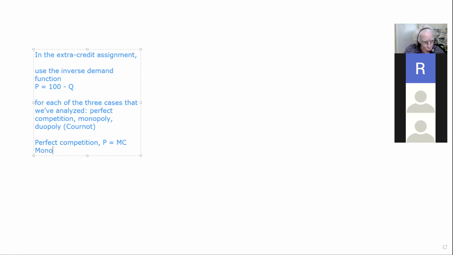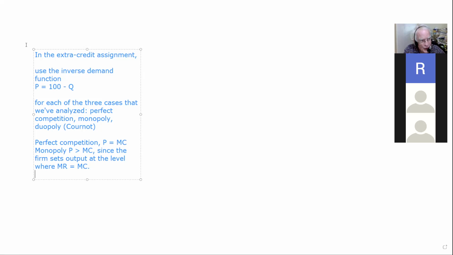And then for the monopoly, the price exceeds marginal cost. The firm sets output at the level where marginal revenue is equal to marginal cost.